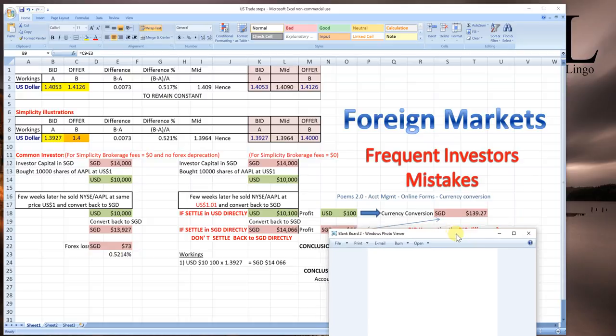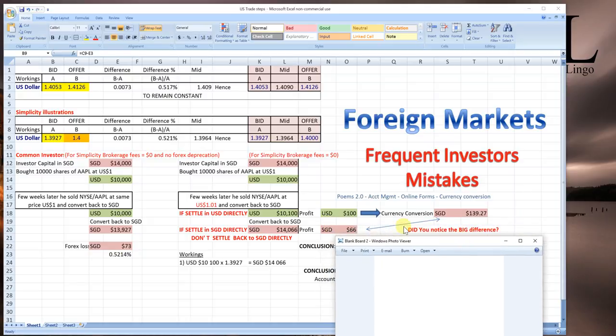So you probably noticed that this profit and this profit is a big difference here. It's almost doubled. Investors likewise should not convert the entire contract back to Sing. Maintain it in USD and later on convert the profit portion back to Sing only.